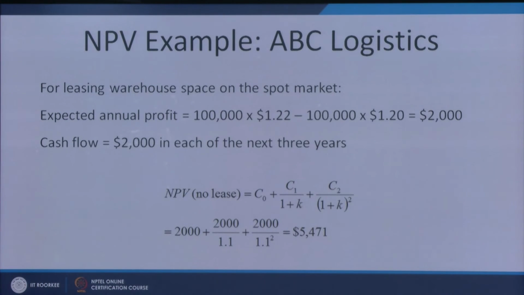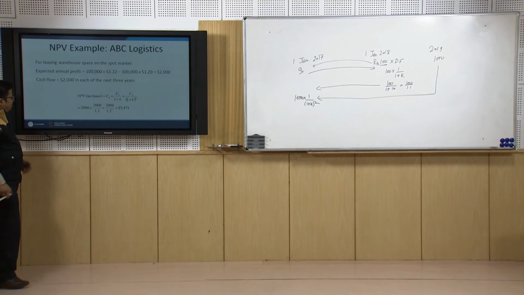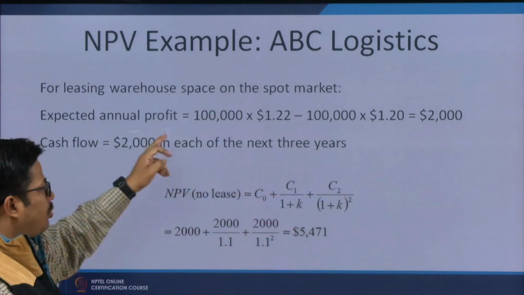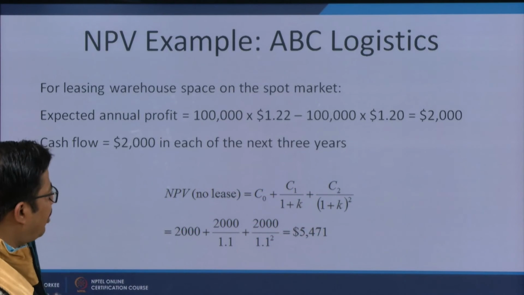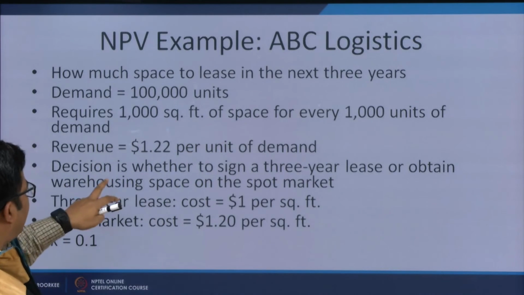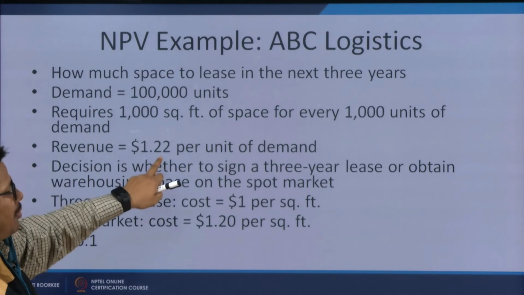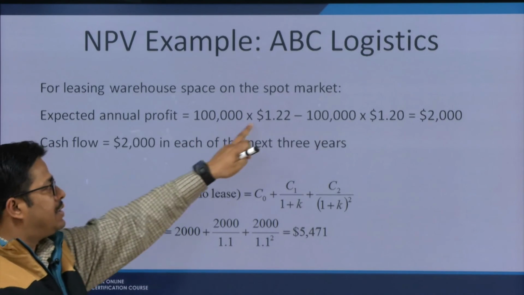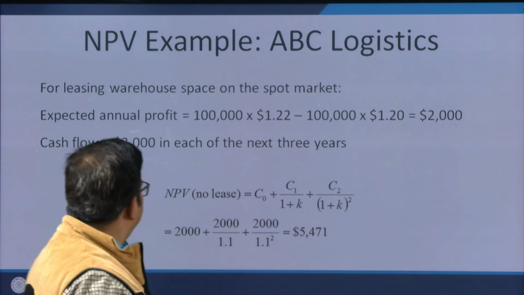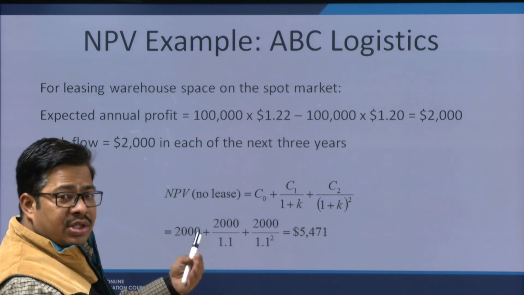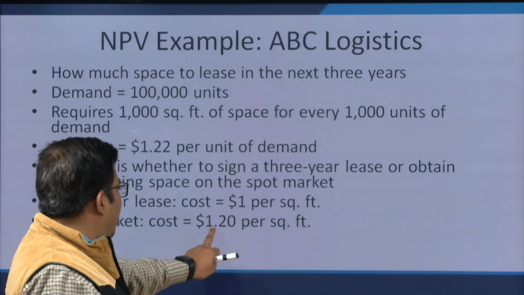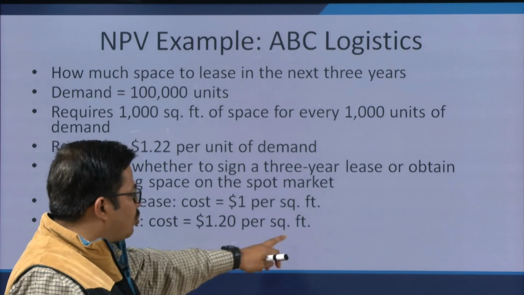Now taking the calculation of the spot market, the expected annual profit is this: 1 lakh units, and the revenue from 1 unit is 1.22. So this is the revenue, and this is the cost of the space, 1.2 per square feet.